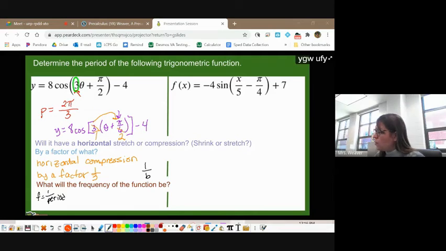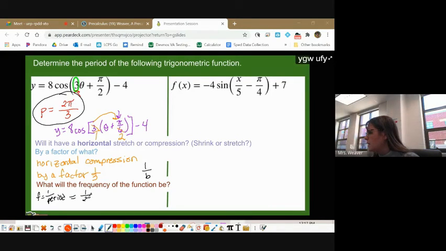Okay, so the horizontal compression was 1 over the B value. The frequency is 1 over the period. Be careful and don't confuse those two, okay? So if I go grab my period of 2 pi over 3, and I do the reciprocal of it, 1 over, it just does the reciprocal. If you want to write it as 1 over 2 pi over 3, you can. But then to divide by a fraction, you're going to multiply by the reciprocal.